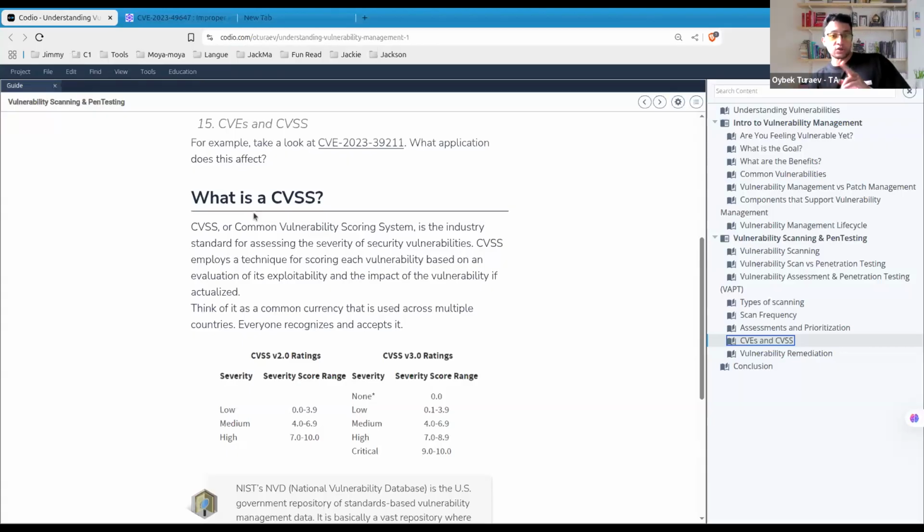Actually, we have two ratings for CVSS. We have CVSS version 2 and version 3. Sorry for the confusion: for version 2 we have 3 severity levels, and for CVSS version 3 we have 4 severity levels, okay?